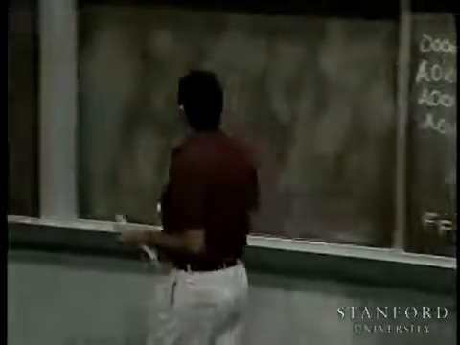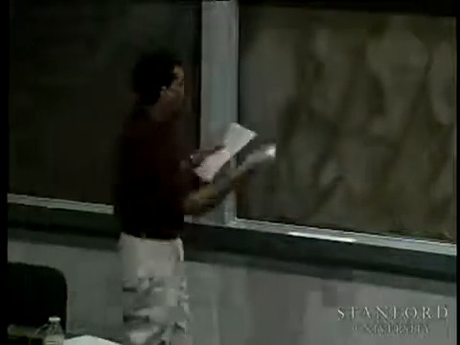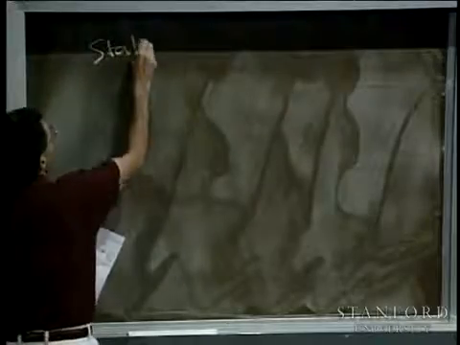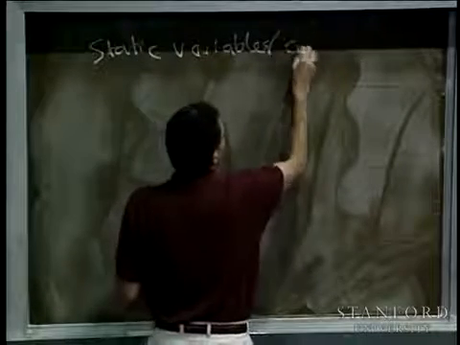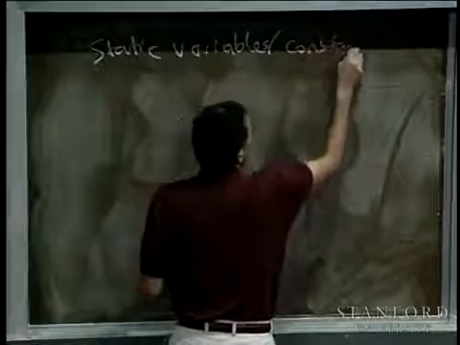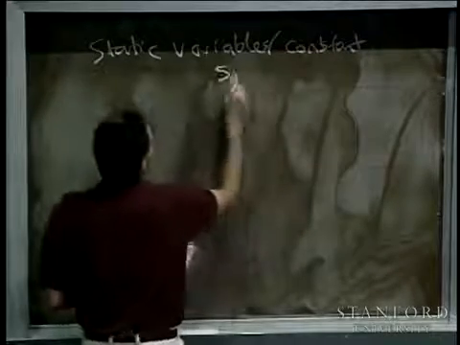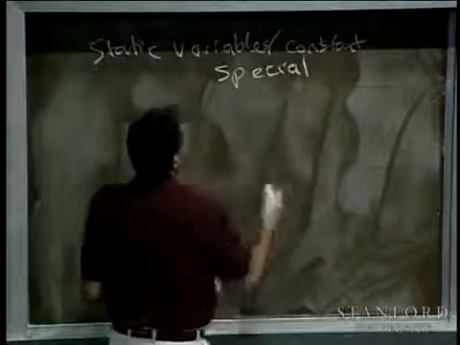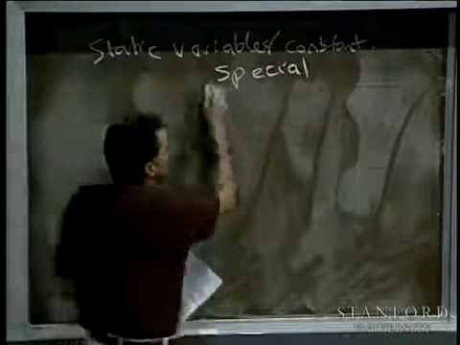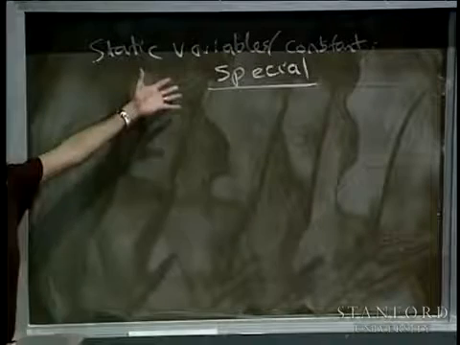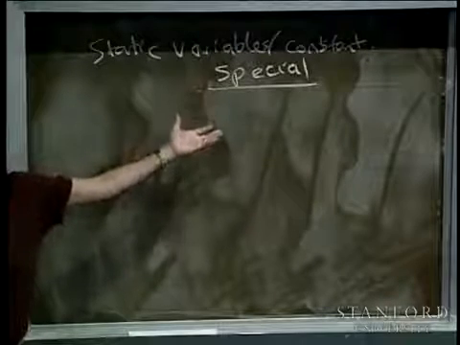Okay? And so the places where this memory comes from, and I'll show you all 3: there's some place where all of your static variables or your constants live, you could think of them as final variables. There's some special place that's set aside, so this is kind of special, or if we want to get multicultural, it's especial. Basically, static variables and constants are just stored in the special location.